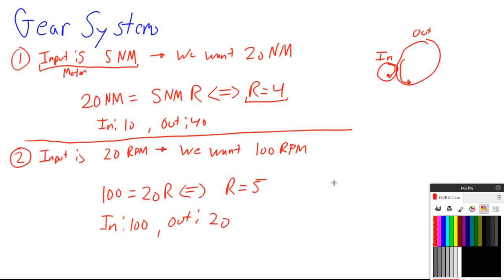So we've got something like this. This is our input and output. You can imagine that as this makes one revolution, this is going to make multiple revolutions, and that's how we can get that multiplication effect with the speed.